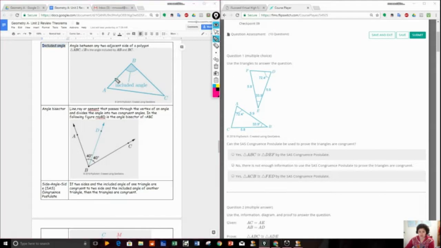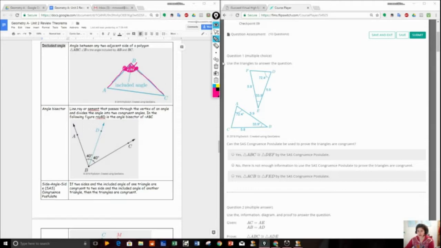So if I'm looking, side AB and side BC are adjacent, and this means that angle B is our included angle. Whichever sides are the sides of the angle, that's what they're talking about, this included angle right there.